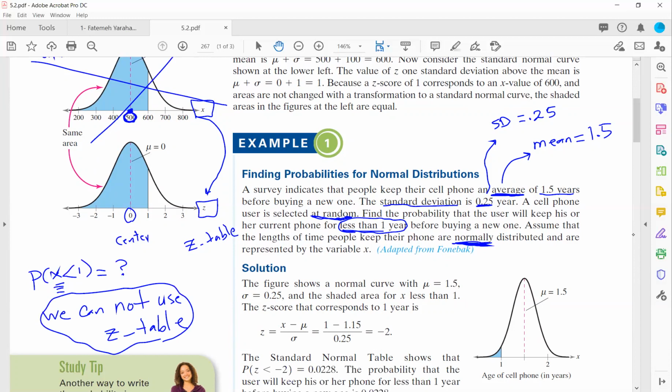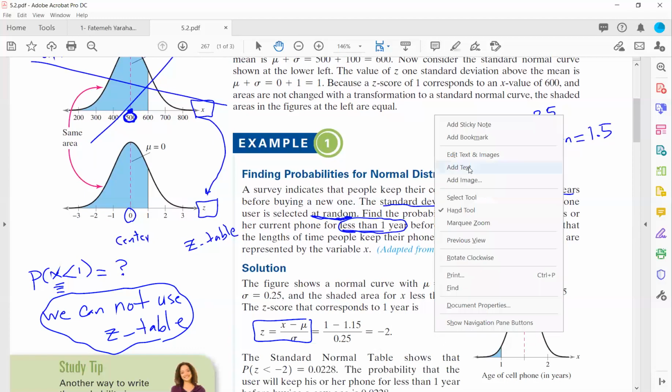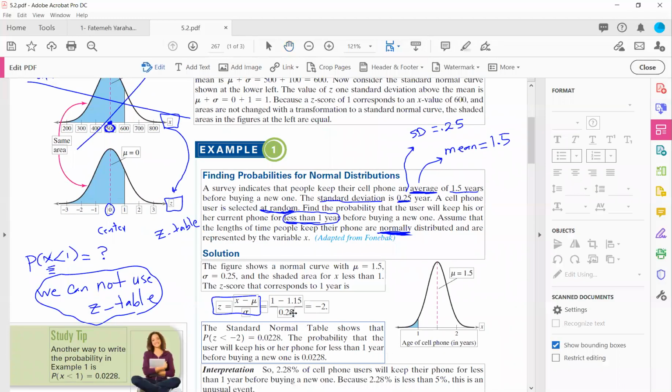We know how to convert X into Z. Z is equal to X minus mean divided by standard deviation. We learned about this formula and we use it to convert X into Z. We know that X is 1, so 1 minus the mean, which is 1.5. Typo here, let us fix this.